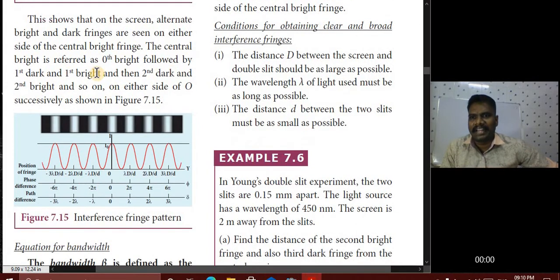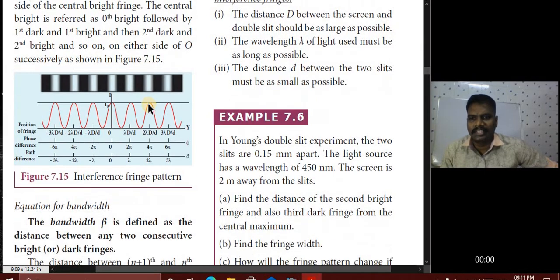The central bright is referred to as the zeroth bright, that means O, zeroth bright, followed by the first dark and first bright, and then second dark and second bright, and so on, either side of O successively, as shown in this figure.